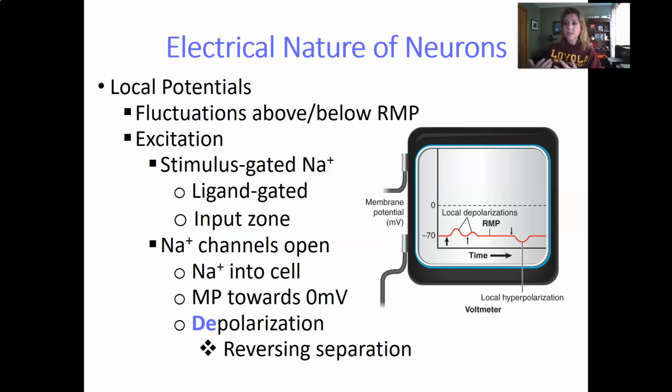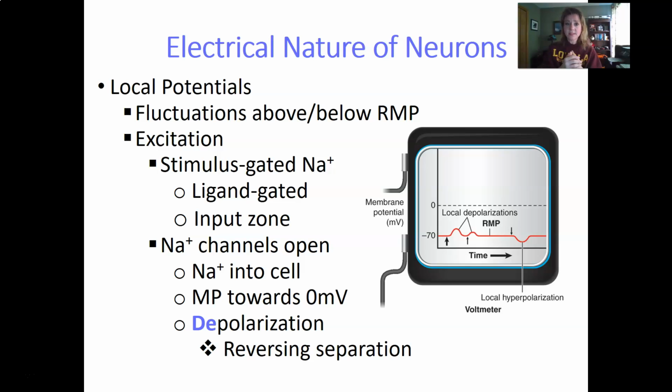So our bodies have to be selective. Our neurons have to be selective. So local potentials are fluctuations that are occurring either above or below resting, so above or below negative 70 millivolts, in a very tiny area of the neuron's plasma membrane.